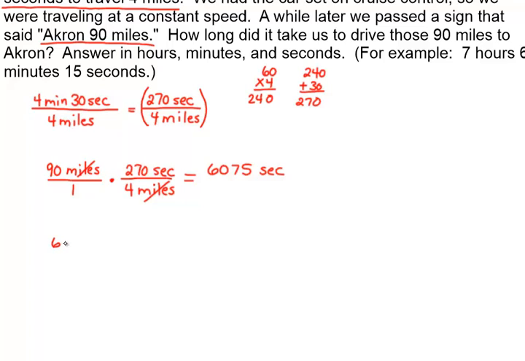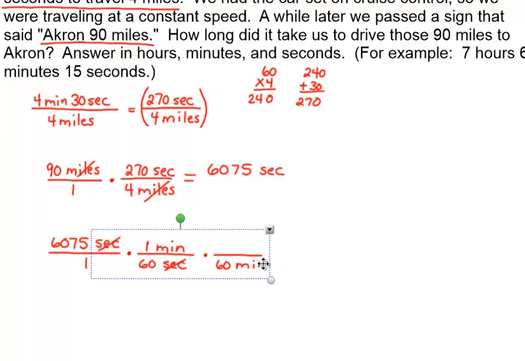So why don't we come down here and write 6,075 seconds over 1. And I know that there's 60 seconds in a minute. So that's going to take care of the seconds. And then I know that there's 60 minutes in 1 hour.